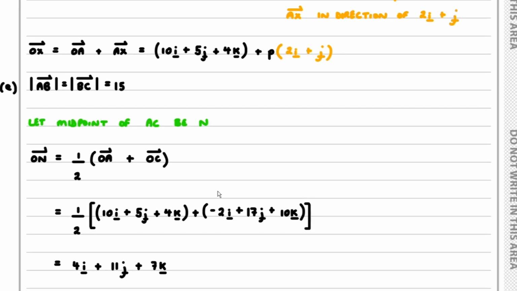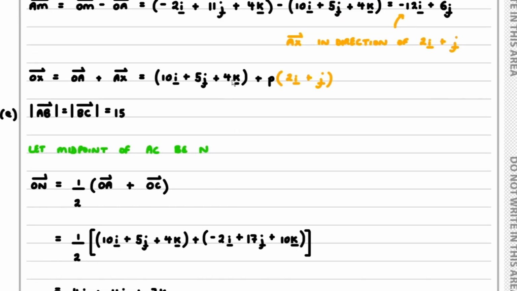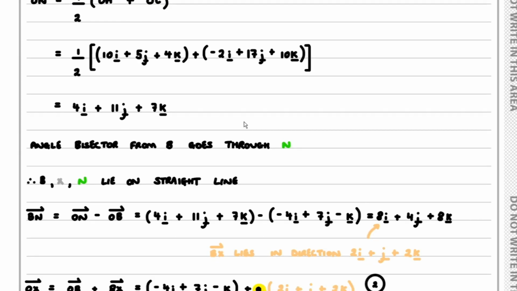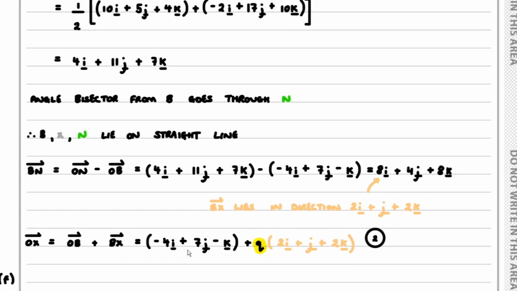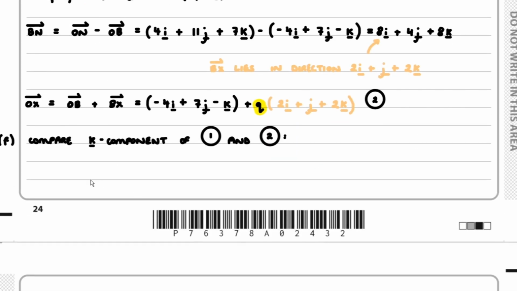And if I look at the k components, here I've got 4k, and here I've got negative k plus 2qk. So if I compare the two equations and look at the k component, we would have 4 equals negative 1 plus 2q, meaning q is equal to 5 over 2.